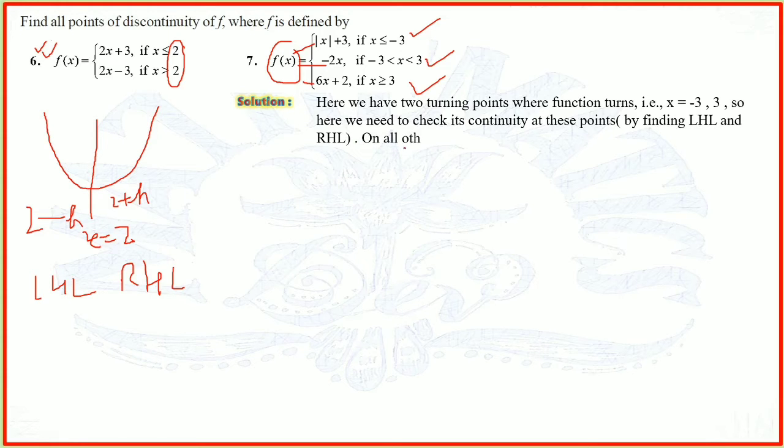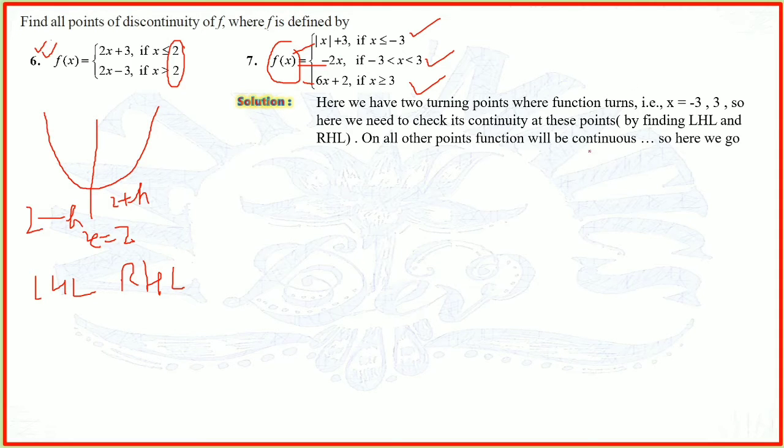On all other points the function will be continuous, because for less than -3, if I'm talking about -4, definitely it will be a straight line or curve, which I talked about in the previous video: if it is a single loop, it will always be continuous.